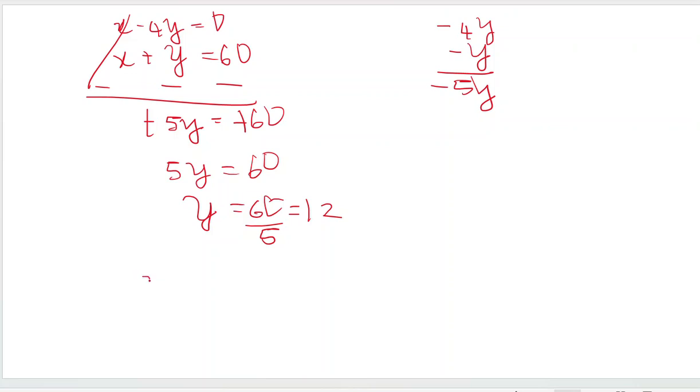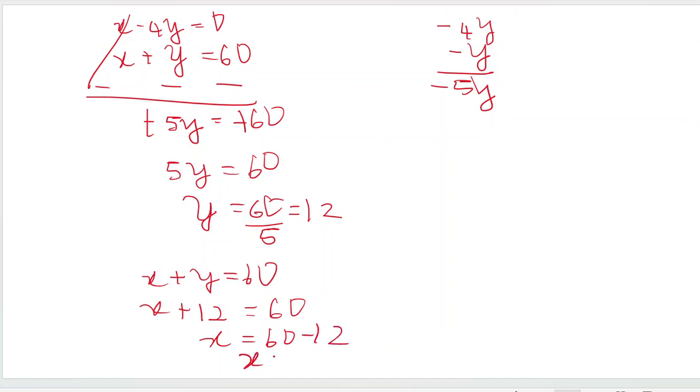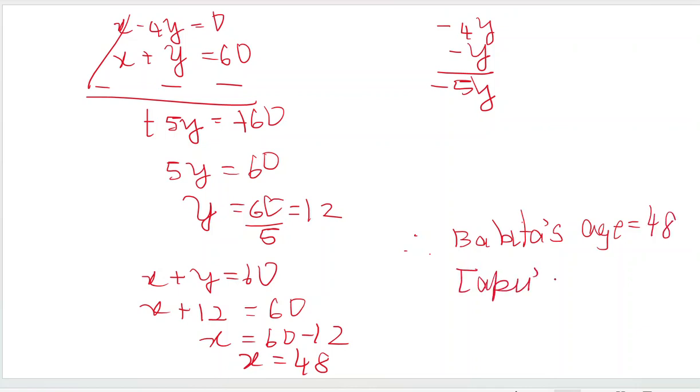Now we use X plus y is equal to 60. We replace y by 12 and we get X is equal to 60 minus 12. Therefore X is 48. So Babita's age is 48 and Tappo's age is 12.